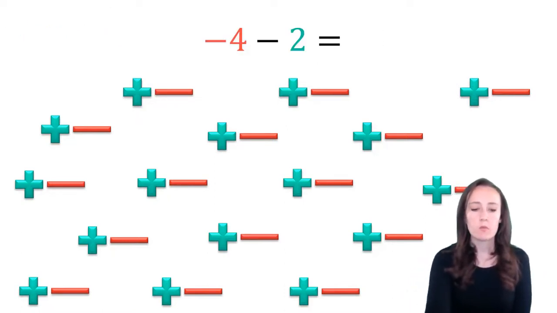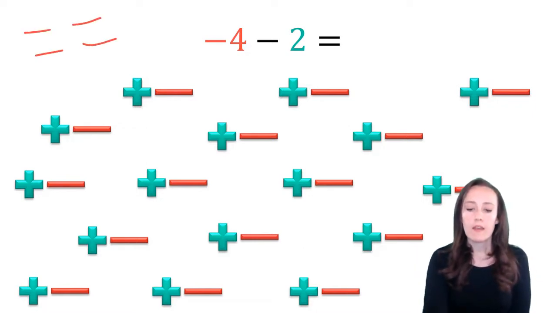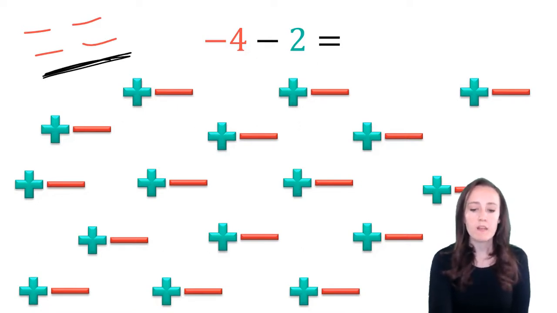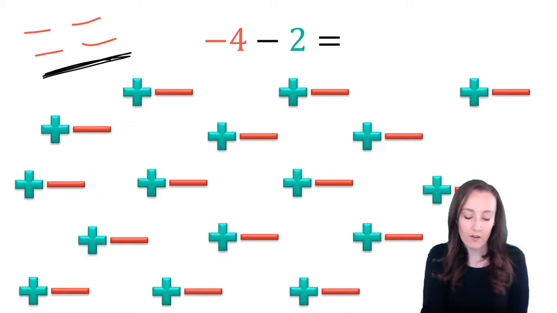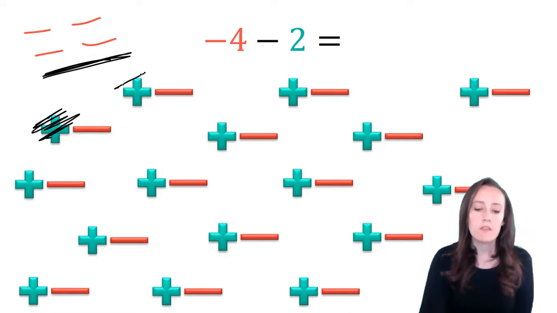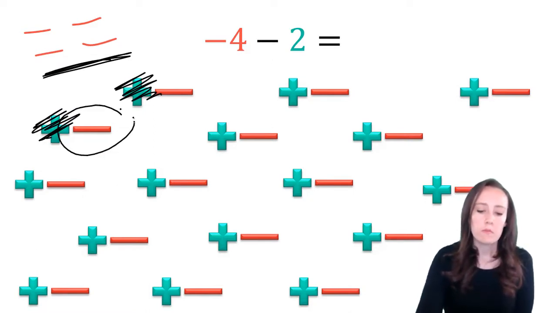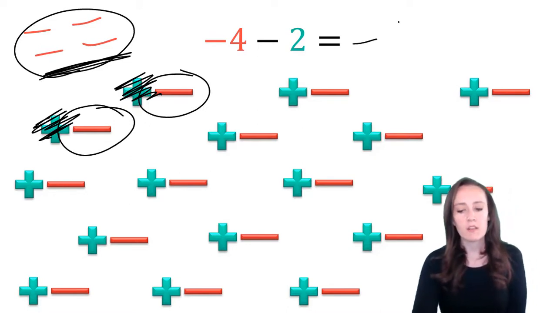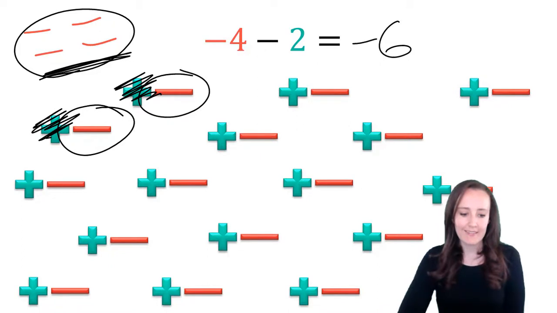If I have a situation like this, where I have 4 negatives, and I try to take away 2 positives, again, I can't take away from this step because there are no positives in there. And so I would take away these 2 positives, which means that these negatives are going to join with these 4 negatives, giving me an answer of -6.